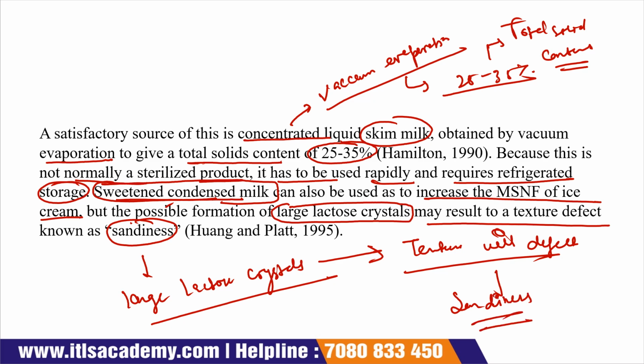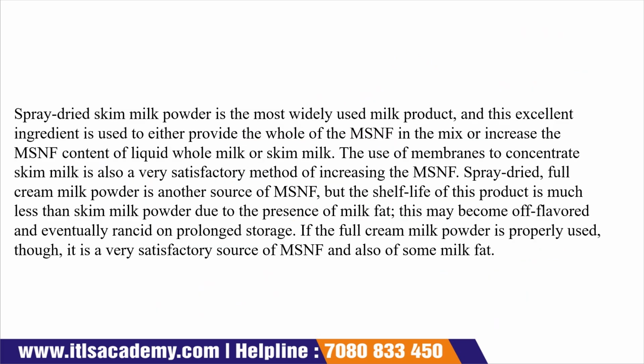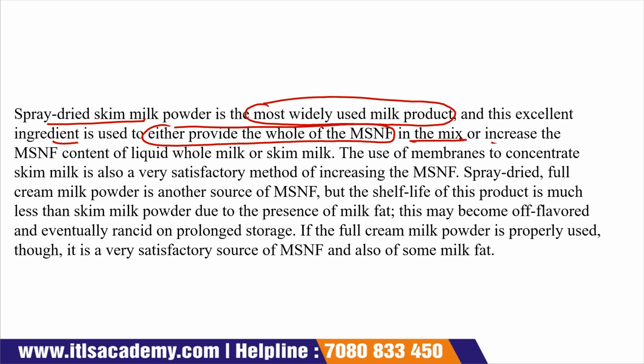Now the next is spray dry skim milk powder, which is the most widely used milk product. This excellent ingredient is used either to provide the bulk of the MSNF in the mix, or to increase the MSNF content of liquid whole milk or skim milk.